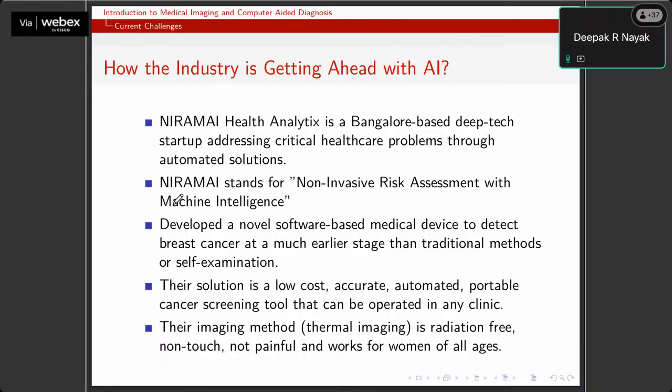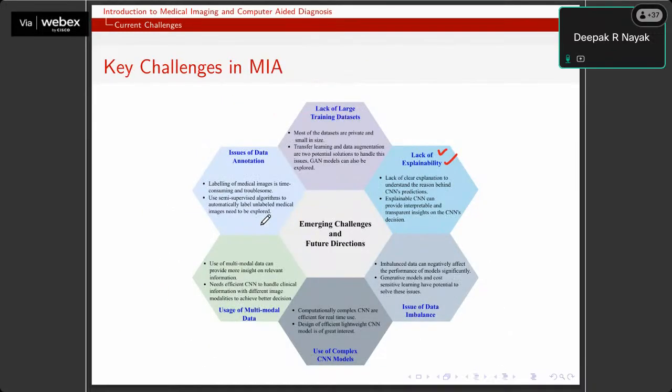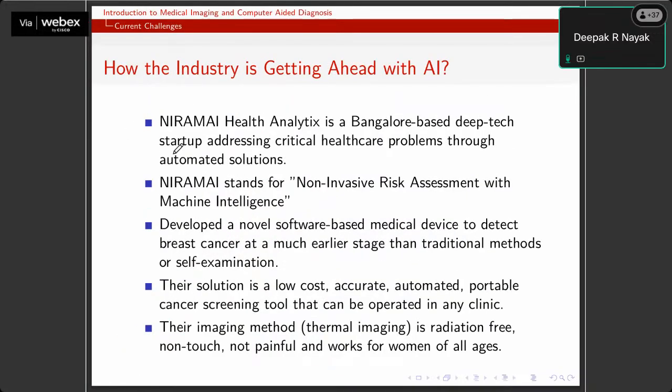You will also find a lot of startups, not only in our country but also across the globe, that are focusing only on solving medical imaging tasks. I met people from many startups who are focusing on breast cancer detection through thermal imaging. That is what Niramai is doing.